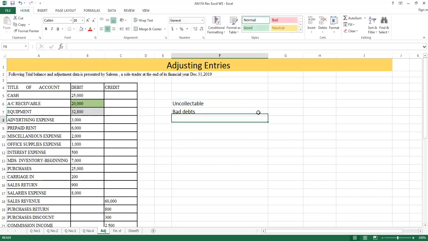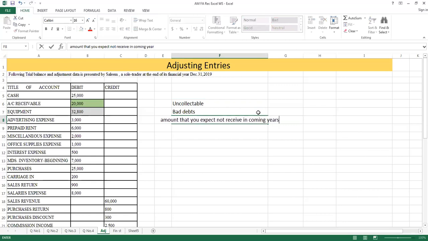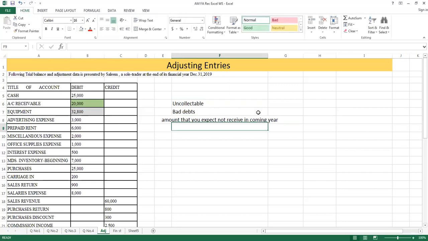Means amount that you expect not to receive in the coming year, and this amount will be called uncollectible or bad debts.